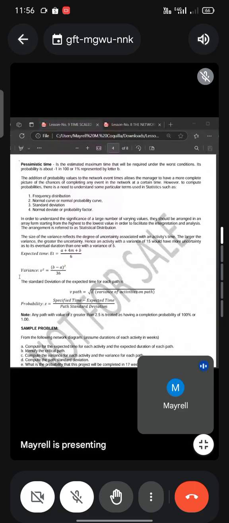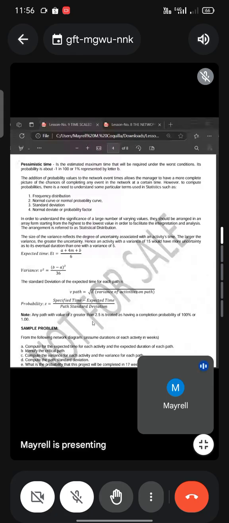So, in solving sa Z, you have a note: any path with a value of Z greater than 2.5 is treated as having a completion probability of 100% or 1. So, itanaw nimo sa table kadtong mga value sa Z nga greater than 2.5.